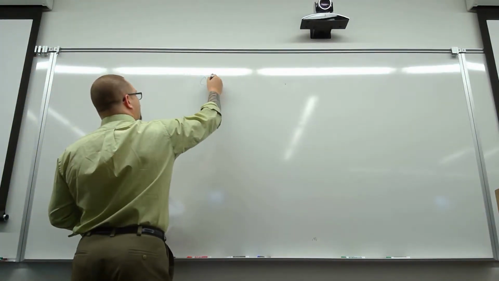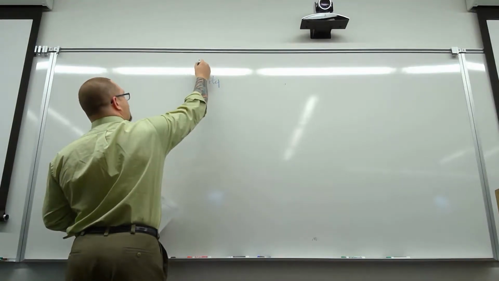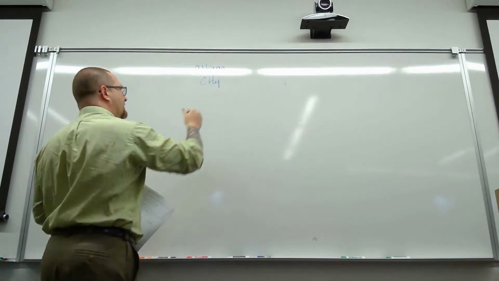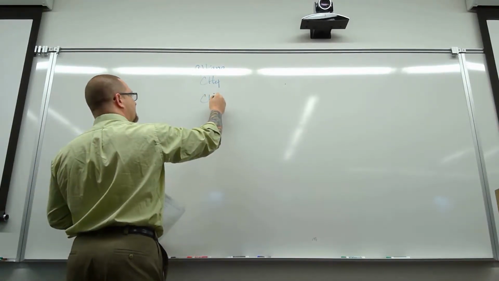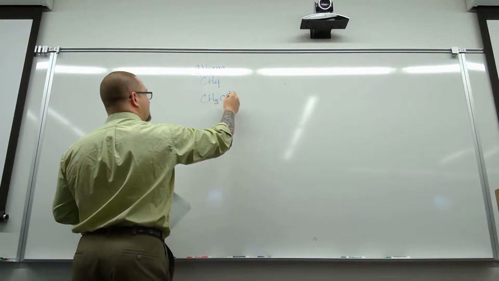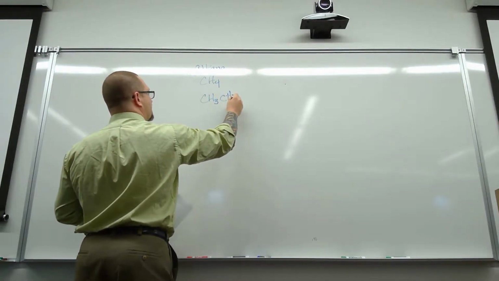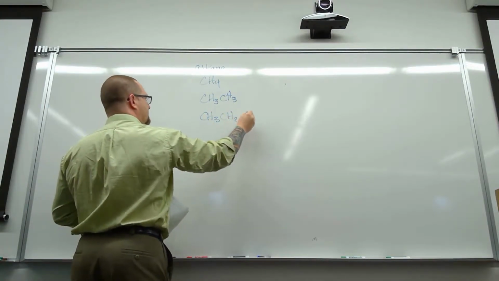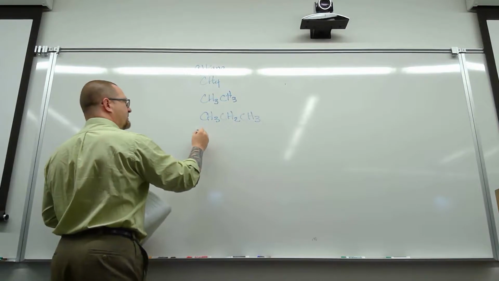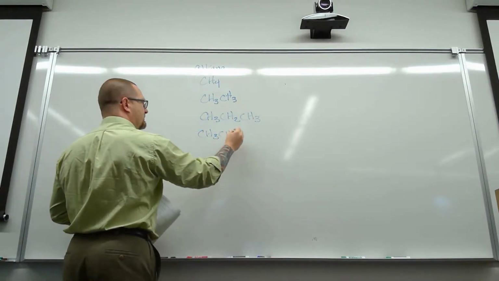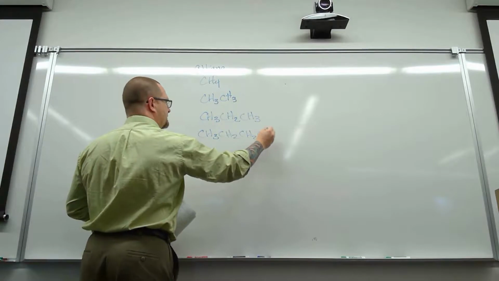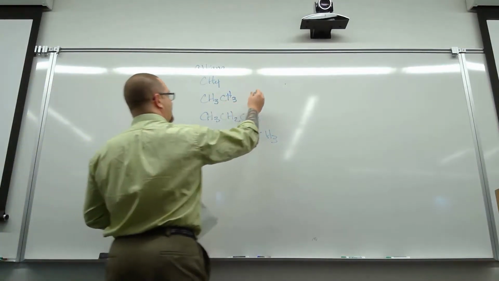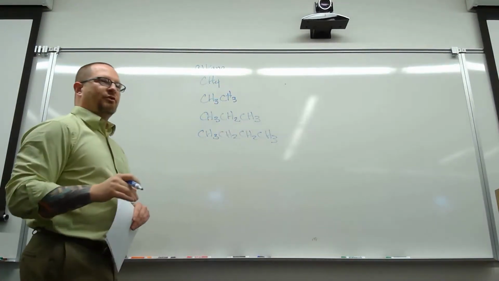So for our most simple straight chain alkanes, we've got one carbon, we've got two carbons, we've got three carbons, four carbons, etc.